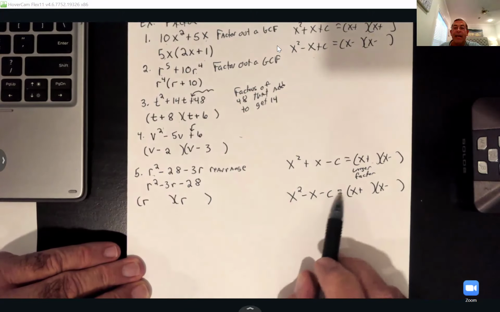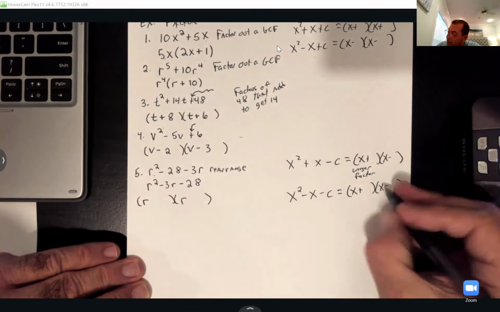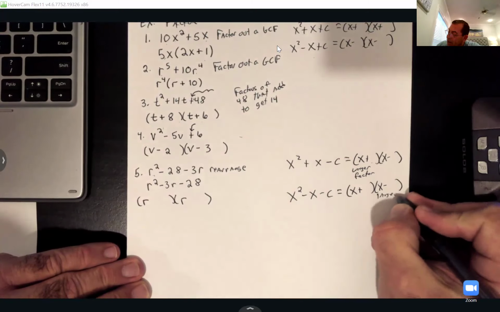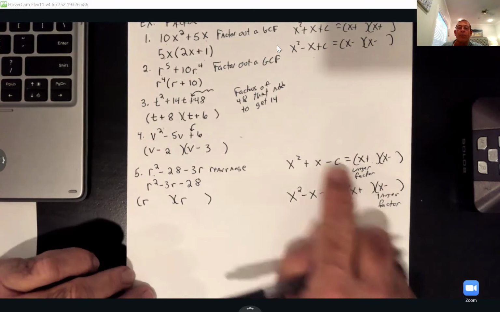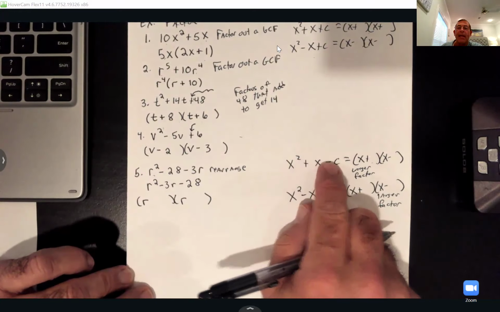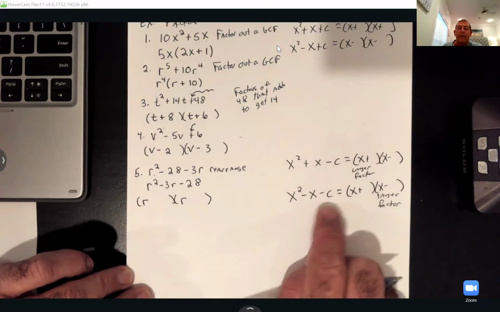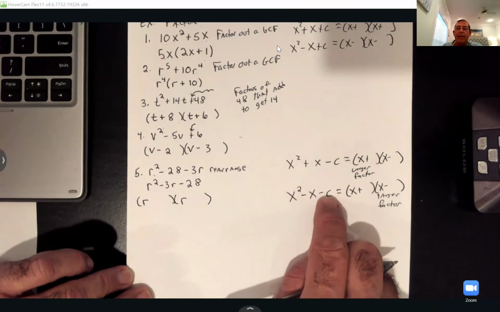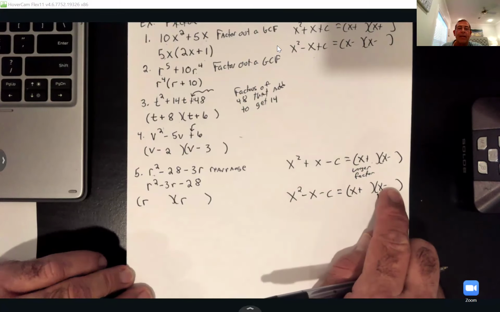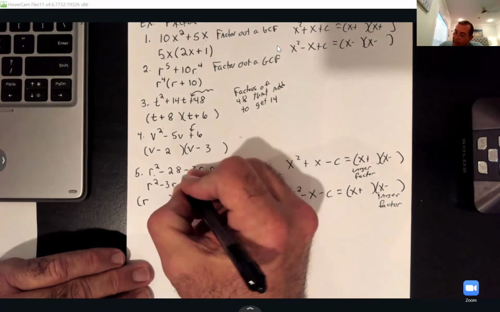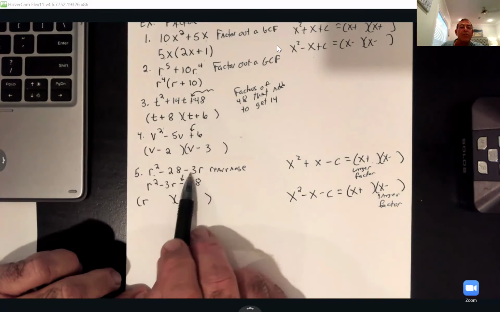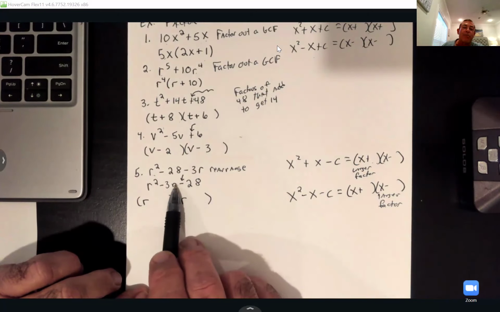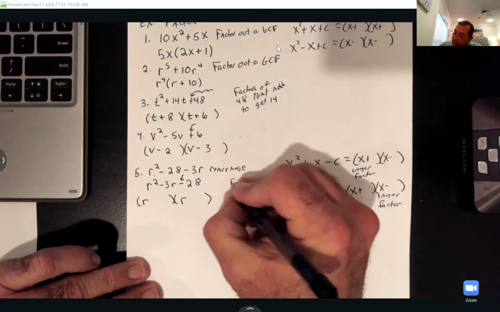But the difference this time is, since it's negative in the middle, the larger factor will be negative. So if the middle's positive, the end's negative, the larger factor is positive. Negative in the middle, negative at the end, larger factor is negative. Now, also remember, since that's negative, I want factors of 28 that subtract to get 3.